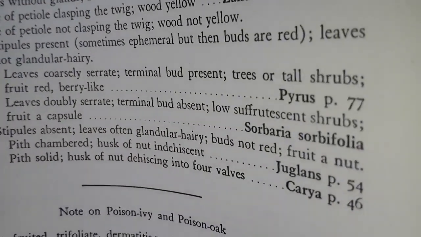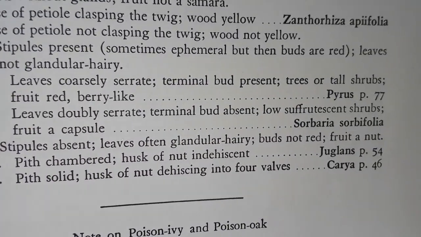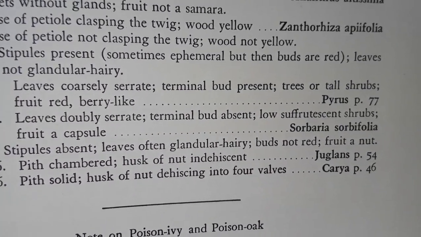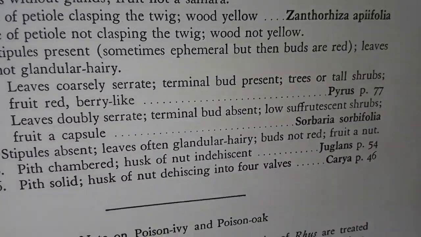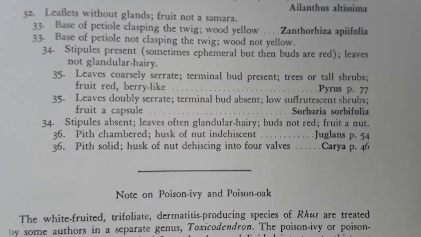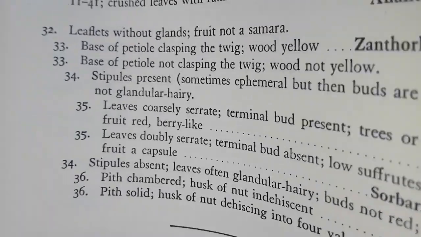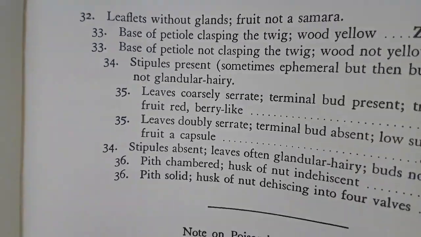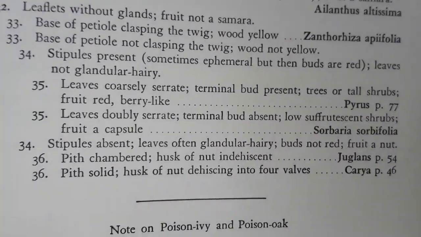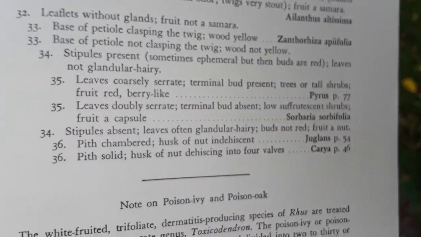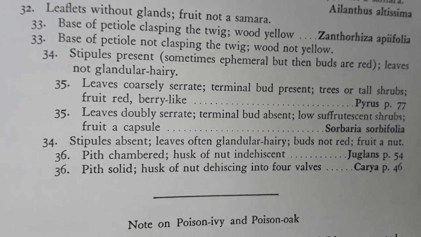Stipules absent. Leaves often glandular, hairy, but not red. Fruit, a nut. Yes, if I were to take that fruit and open it up, I would find a hard nut on the inside, but I can't reach it, so I can't do that for you right now. And pith chambered, husk of nut indehiscent.